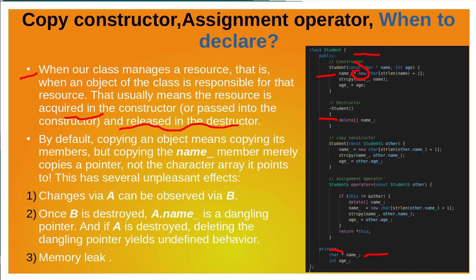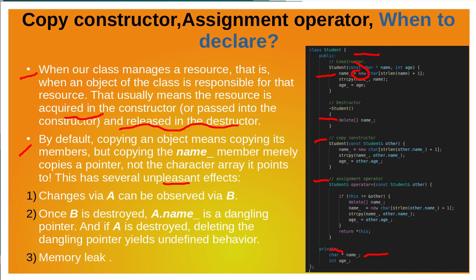In this case, it's mandatory to define a copy constructor and an assignment operator, because by default copying an object means copying its members, but copying the name member merely copies a pointer, not the character array it points to. So if I don't declare explicitly an assignment operator or copy constructor, it has unpleasant effects.